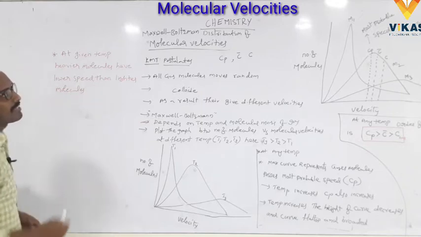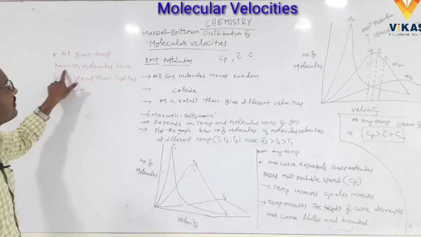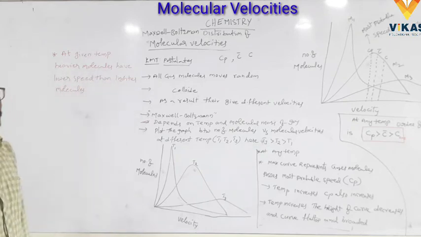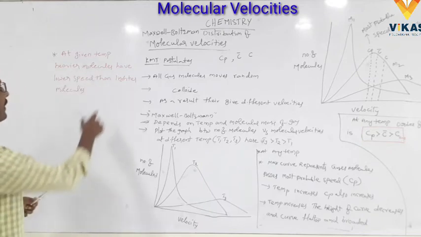According to Maxwell-Boltzmann distribution of molecular velocity, at a given temperature, heavier molecules have lower speed than the lighter molecules. That means heavier molecules have lower speed compared with the lighter molecules.